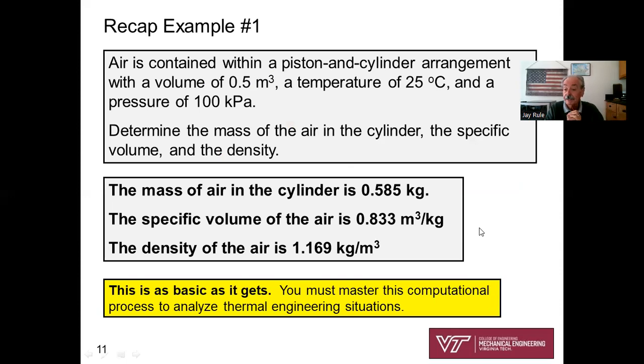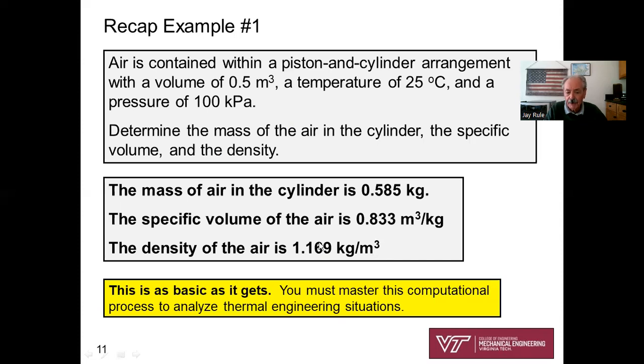Let's recap. What I did was write out our results in sentences. Mass of the air in the cylinder is 0.585 kilograms, period. The specific volume of the air is 0.833 cubic meters per kilogram. The density of the air is 1.169 kilograms per cubic meter.